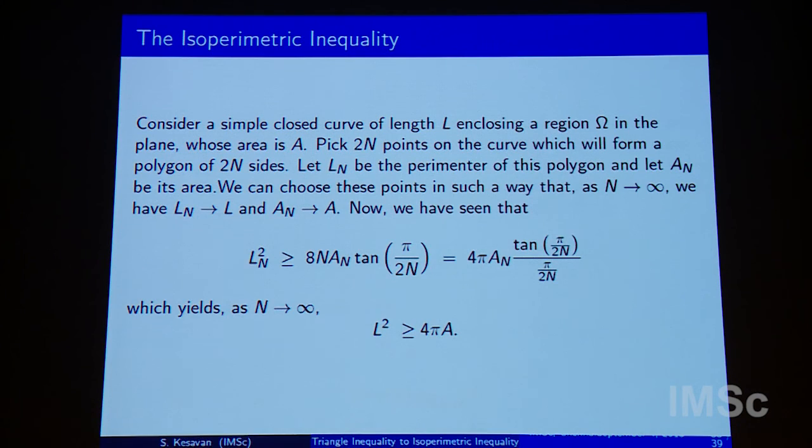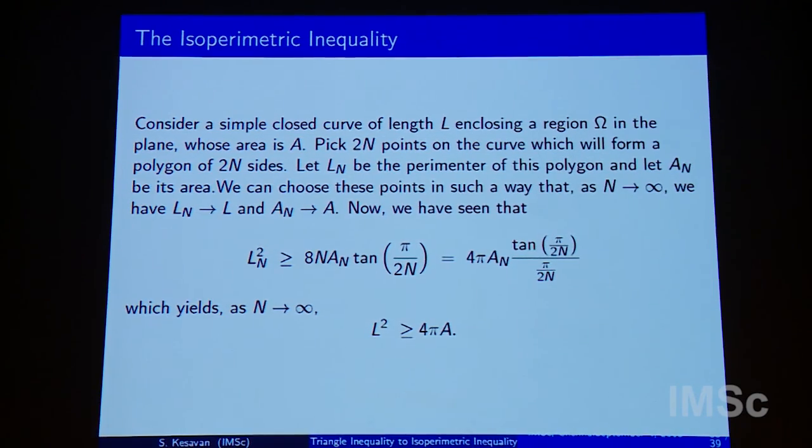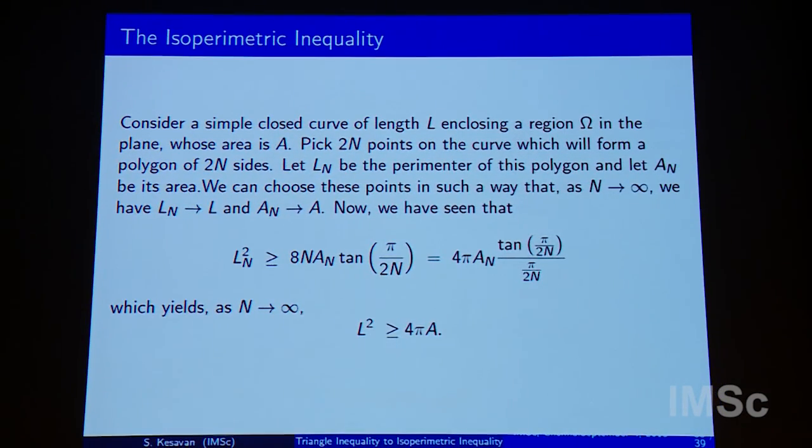So, we have now proved a very deep theorem which says that if you have any simple closed curve in the plane, if L is its perimeter and A is its area, then L square is always greater than or equal to 4 pi A. This is known as the classical isoperimetric inequality.